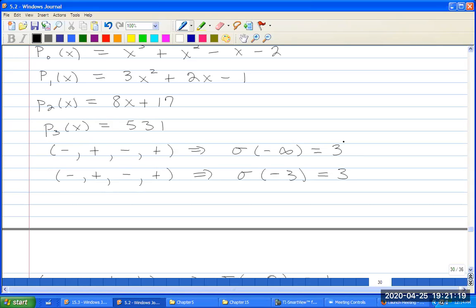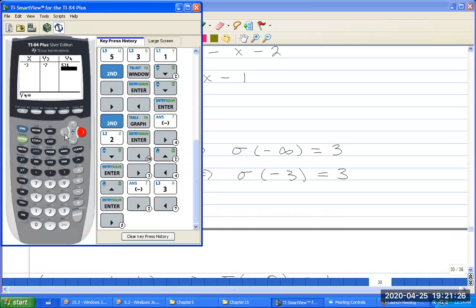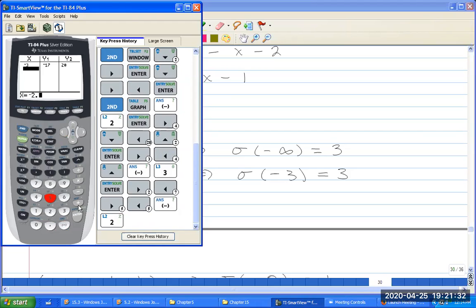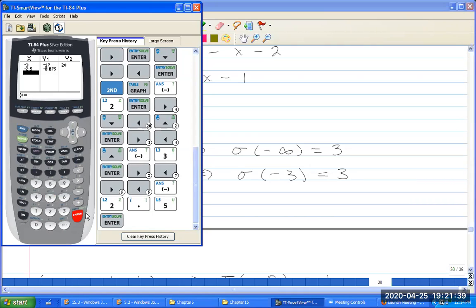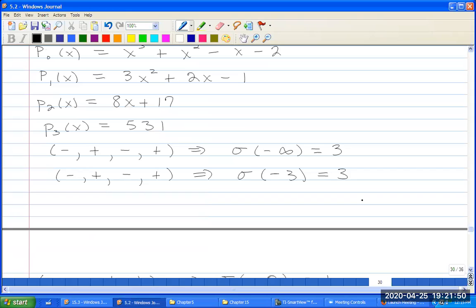Let's look at negative 2.5. Let's see what happens there. Negative 2.5. Negative, positive, negative, positive, negative, positive.